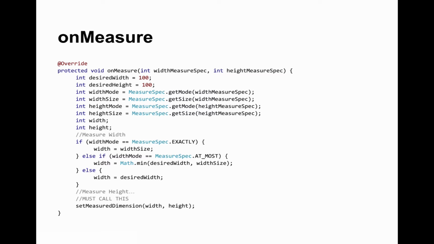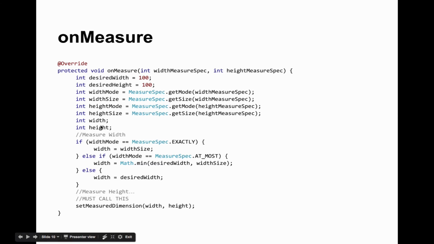Because if the parent is 500 wide, then you have to be exactly 500 wide. You cannot be smaller than that. If you have wrap content as the XML type for how big the object is, then this will be translated to an at most, in which they tell you, 500 is how much space I have, but if you want to be smaller, fine. Okay? So this is where it corresponds.